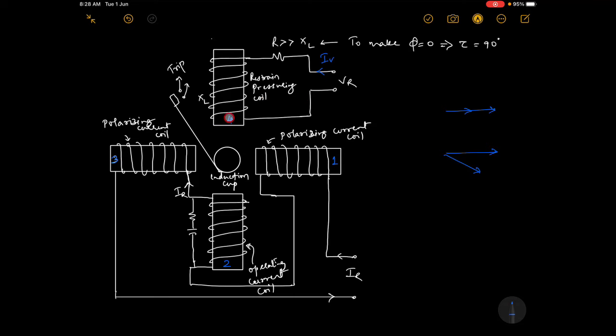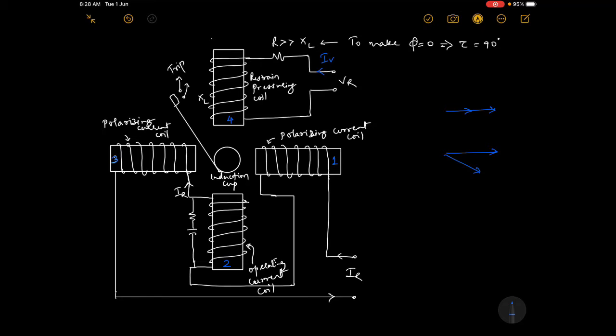A large value of resistance is connected in series with the pressure coil, so that current through the pressure coil will be in phase with voltage, so that you get tau equal to 90 degree. So this is all about the construction of the reactance relay.